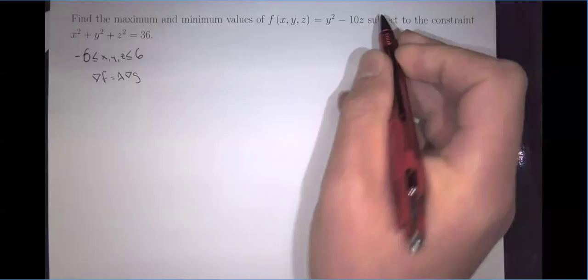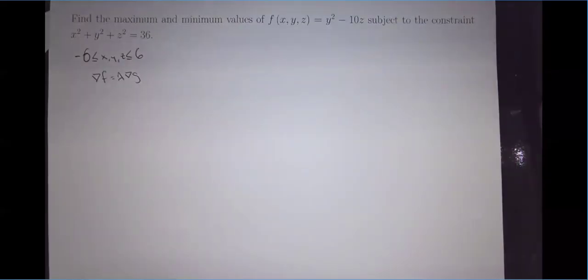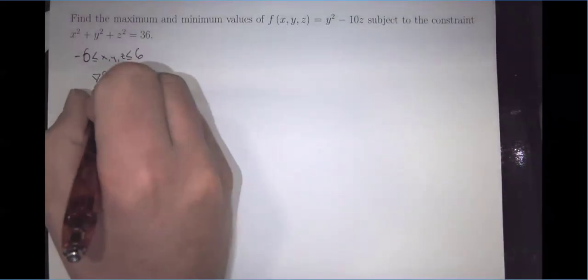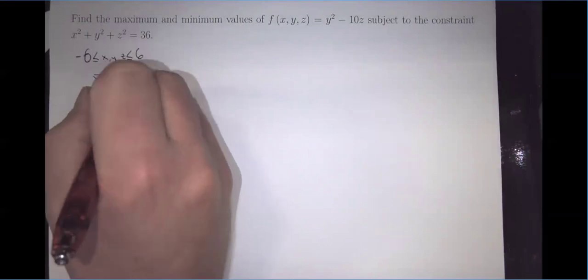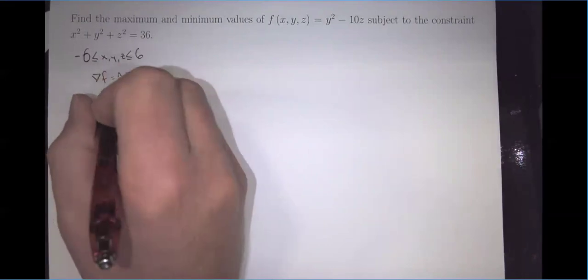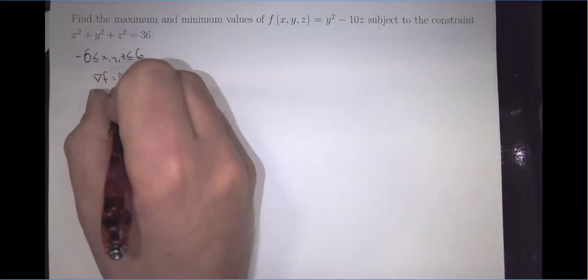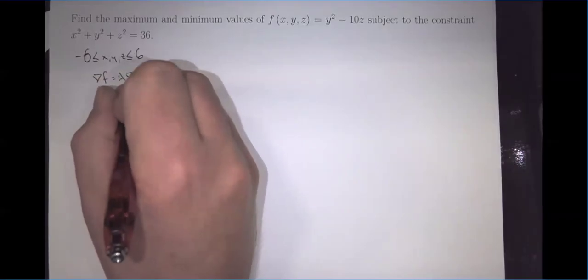Next, the gradient of f is equal to lambda times the gradient of g. So we'll write it out as our various equations. In terms of x, the gradient of f with respect to x is 0, so that's equal to lambda 2x.